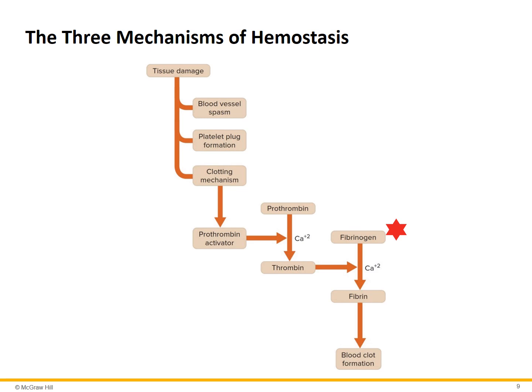So this is a diagram from our book, and then I'll show you the real diagram of hemostasis. But you have tissue damage, blood vessel spasm, a temporary, really quick response. The plug forms, the plug is then reinforced by the clotting mechanism, right? Don't worry about thrombin activator.